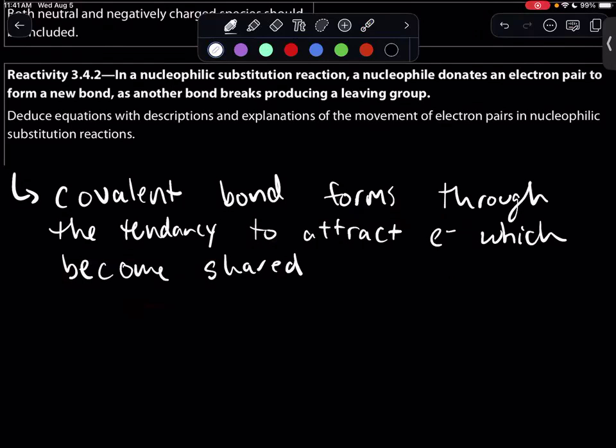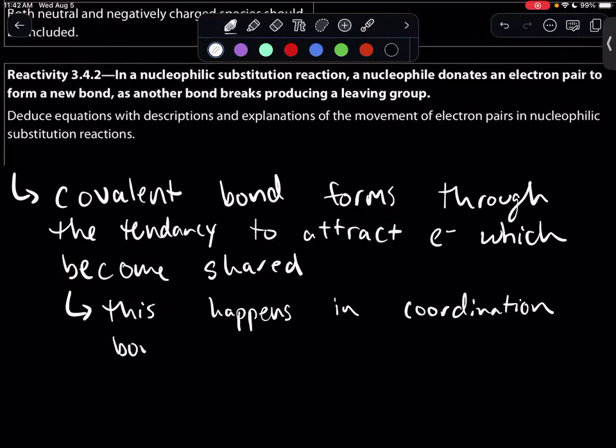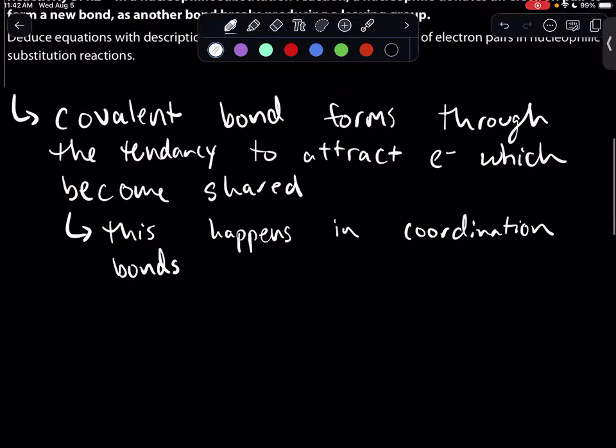mind. We know that similarly, this also happens in coordination bonds, which, as a refresher, coordination bonds are when one atom donates both electrons to the covalent bond. Remember, these are also covalent bonds, so these are just types of covalent bonds.